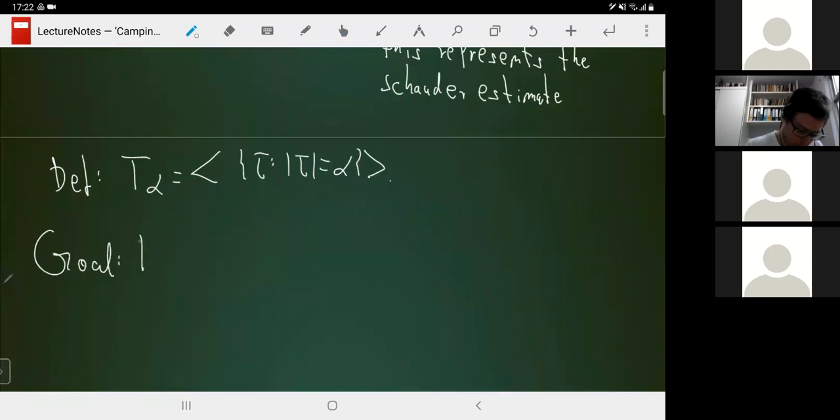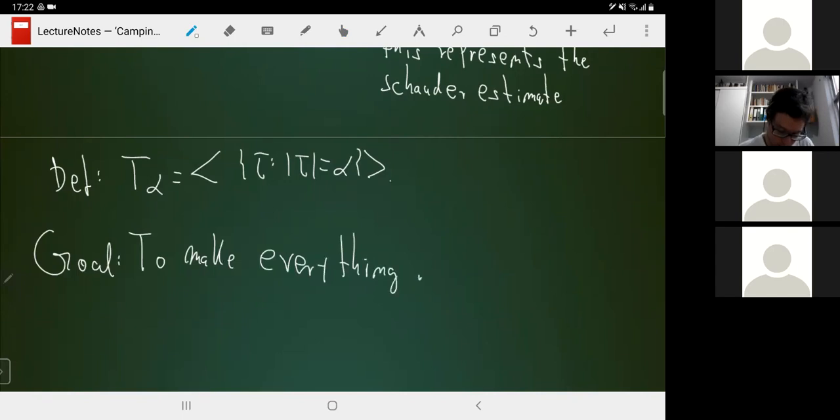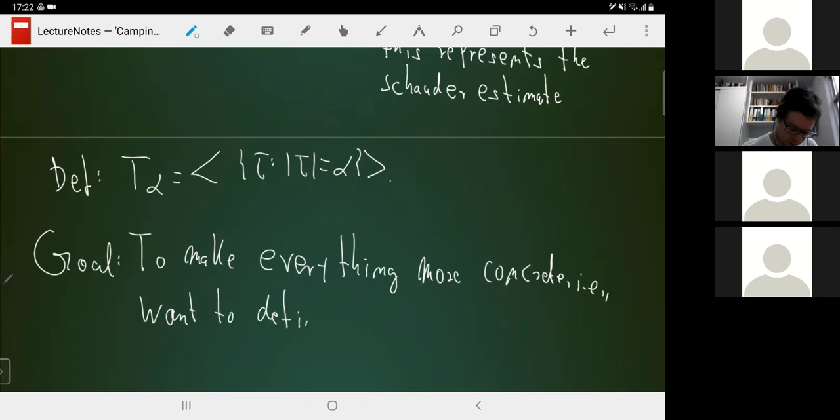Goal is to make everything more concrete, meaning that we want to define what is called the canonical model. We want to redefine the canonical model.